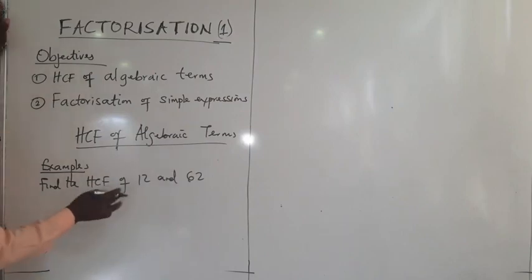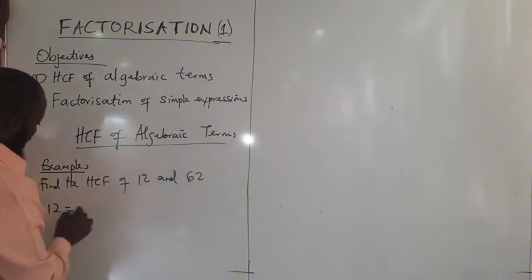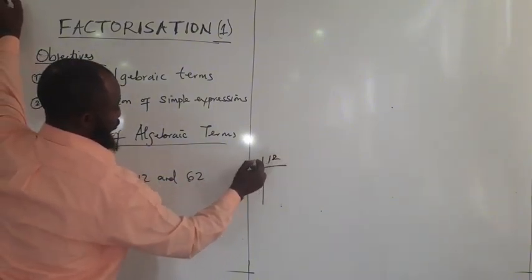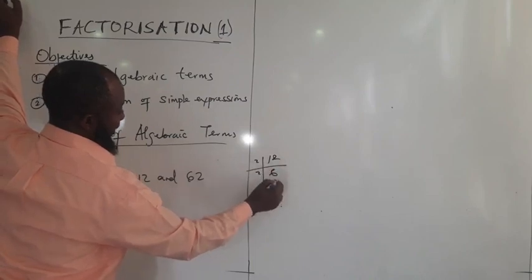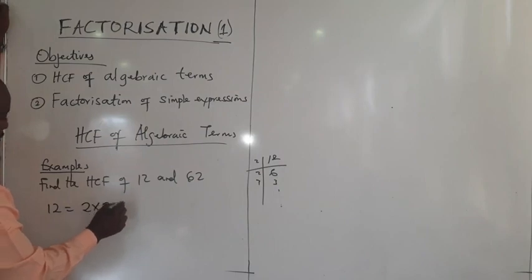Here we are adopting the factor method. So we are going to express each of the numbers as a product of its prime factors. So 12: 2 can go into 12, that is 6. 2 can go, that is 3. 3 can go. So this will give us 2 times 2 times 3.